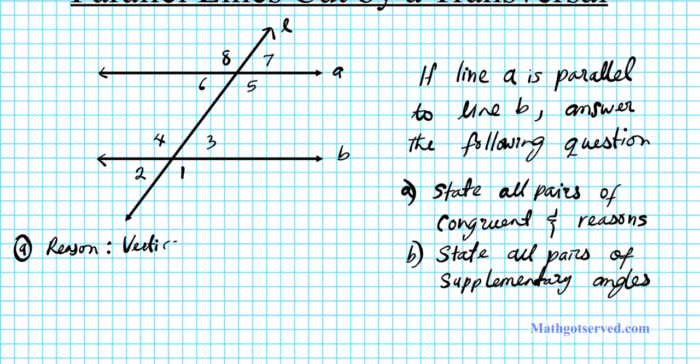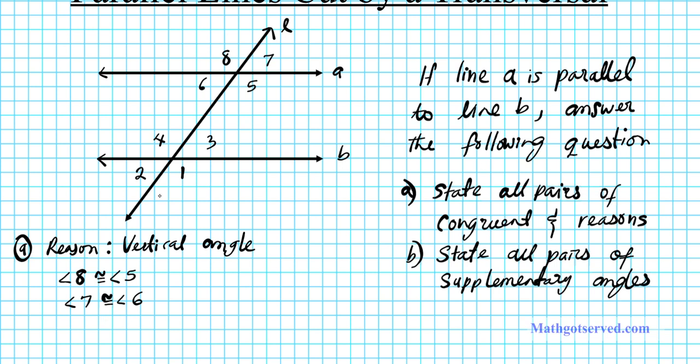So where are a pair of vertical angles here that are congruent? Angle 8 is congruent to angle 5 because they're vertical angles. Angle 7 is congruent to angle 6, because they're vertical angles, opposite each other at intersecting lines.